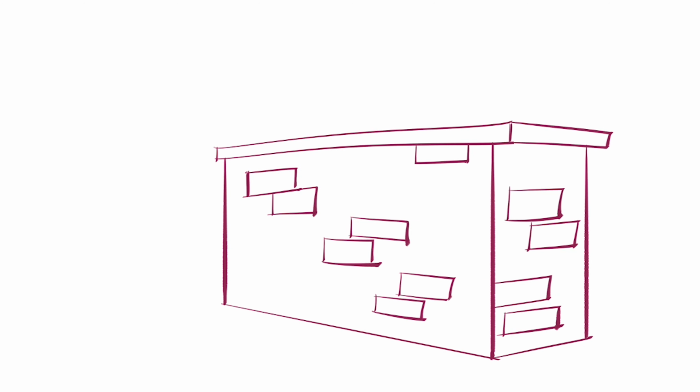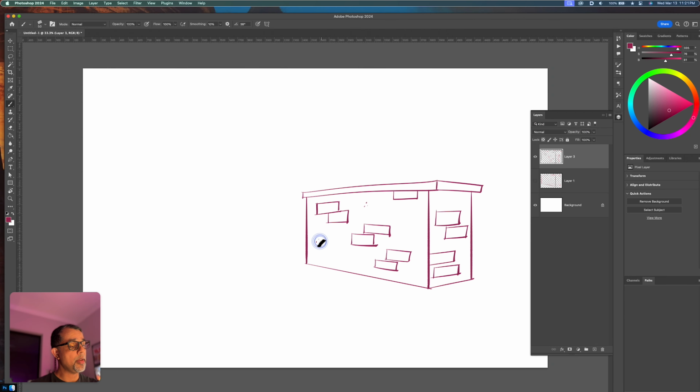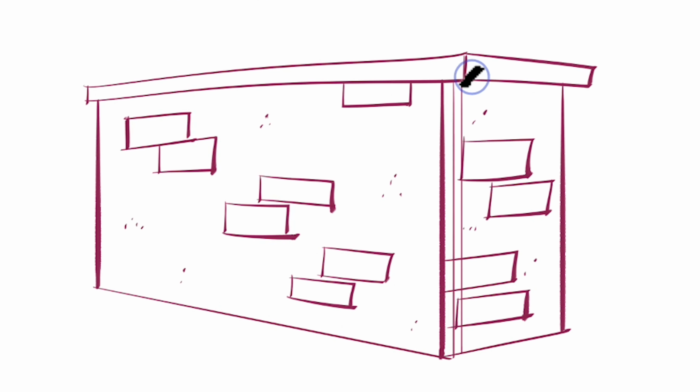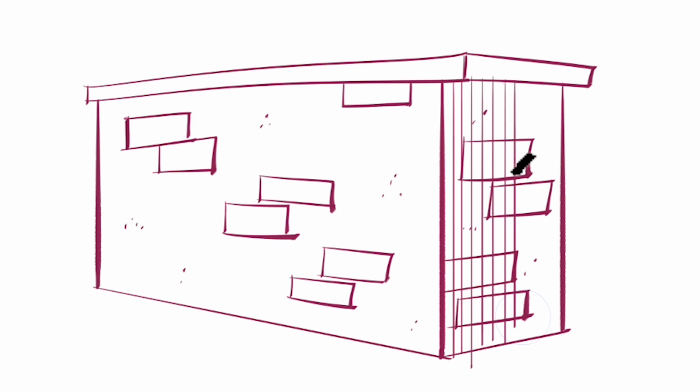Then I can hide the under drawing. I think one thing that you can do to finish this out is to go ahead and just draw some texture. I'll include some hatching. And what this does is it gives the brick wall a little bit of a sense of value.